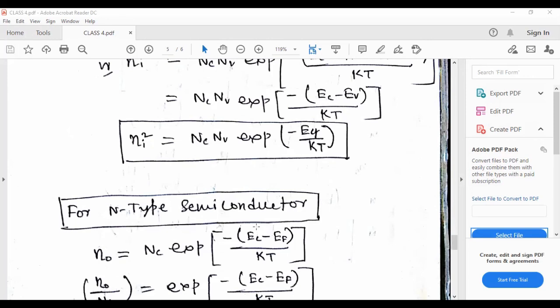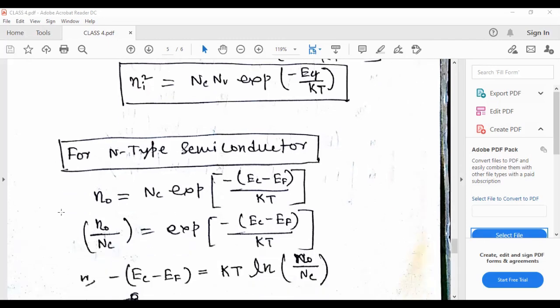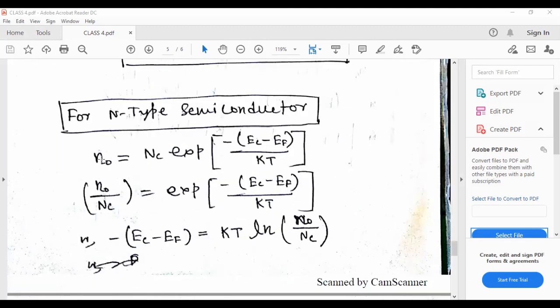Now what is an n-type semiconductor? For an n-type semiconductor, the majority carrier concentration is the electron concentration. So electron concentration is n0 equals Nc exponential of minus (Ec minus Ef) upon kT, as we derived. Now what about this n0 upon Nc? If you divide it by Nc, you will have this equation.